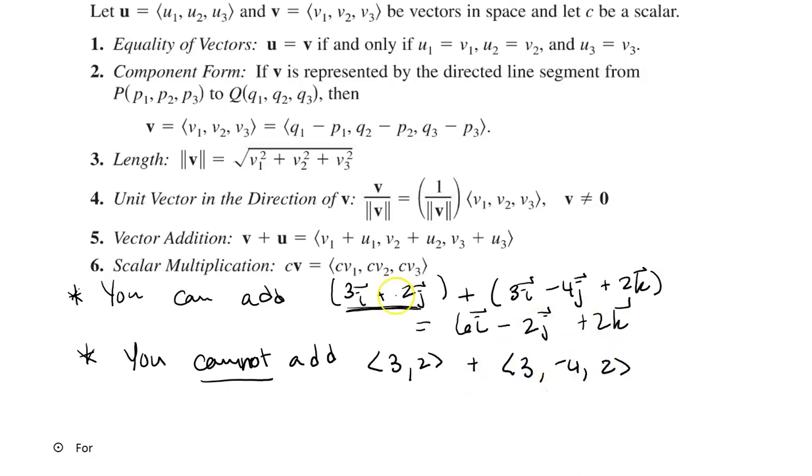Now I know these represent the same vectors, but this is strictly a 2-space plane vector. This is a 3-space, 3D space vector. So these 2 are not defined to be added, but with the other one, the context is if you're being told to add it, you can assume that you can, because it's understood to have a 0 coefficient on the k. So just some little bit of notation, you can't add these 2.